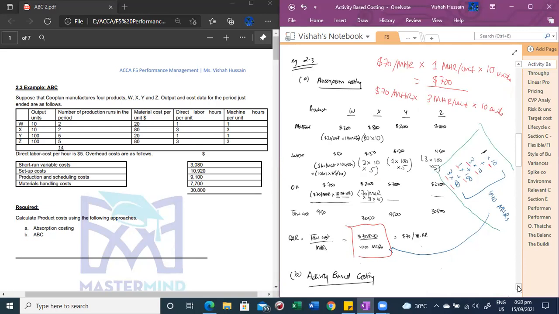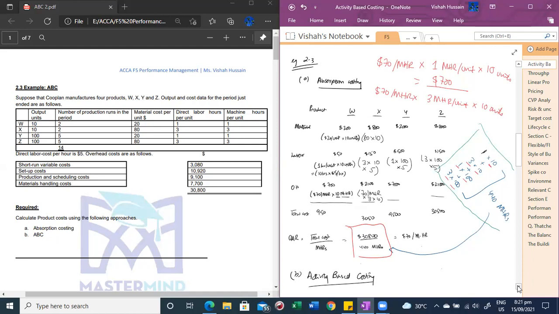Material cost per unit is $20 for W, $80 for X, $20 for Y, and $80 for Z. Direct labor hours per unit are 1 for W, 3 for X, 1 for Y, and 3 for Z. Similarly, machine hours per unit are the same for W, X, Y, and Z. Direct labor cost per hour is $5.